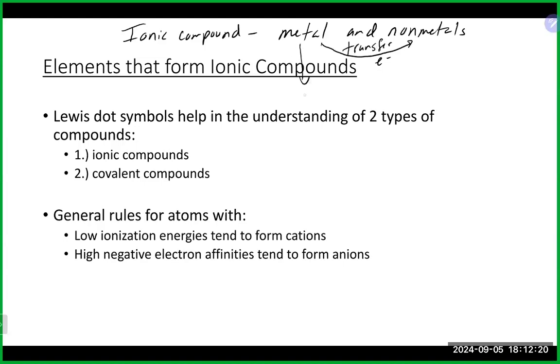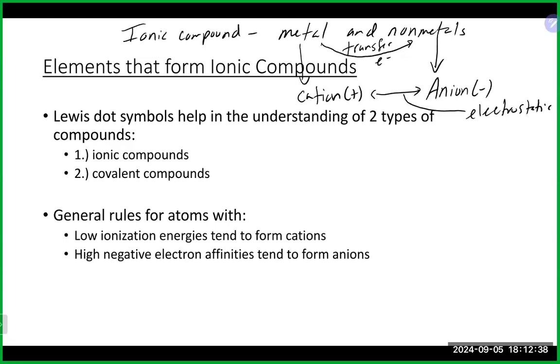The result of that is the metal will form a positively charged ion, which is a cation. The nonmetal will form a negatively charged ion, which is an anion. And it is that electrostatic attraction that holds it together. Also, a very important thing to know, there is absolutely no sharing of electrons here.